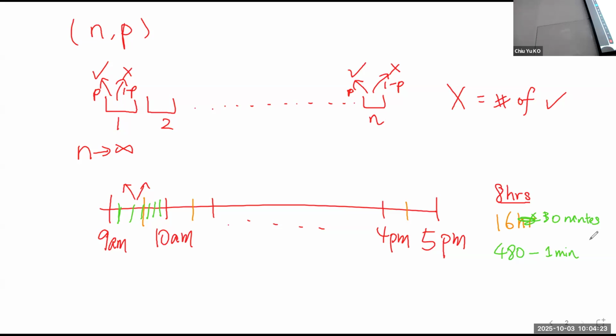So that means that when n goes to infinity, the special case of binomial, this guy becomes Poisson, okay? And this is very good to model how many people arrive within a period of time. Let me repeat.